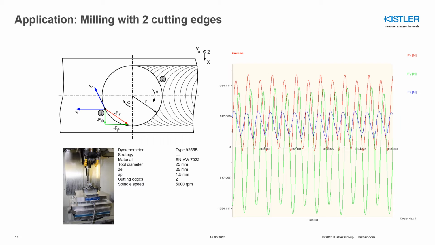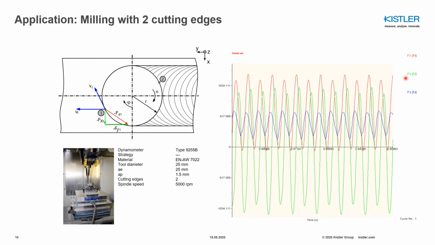If you look at the measurements of x, y and z, you can see that the x force almost goes to 0. That is, one insert is almost leaving the machined surface, and the second one is starting to engage. You have almost 0 force components, as you can see here.